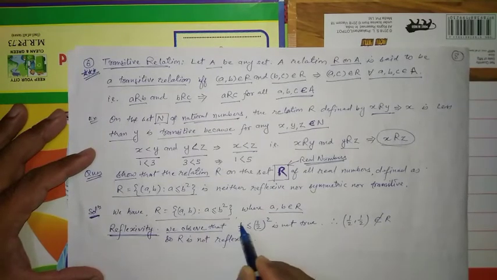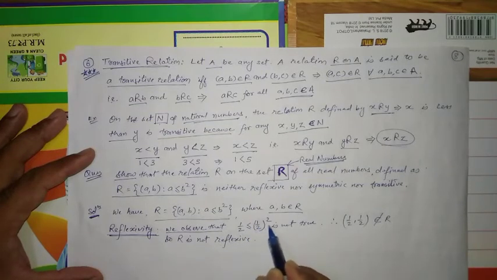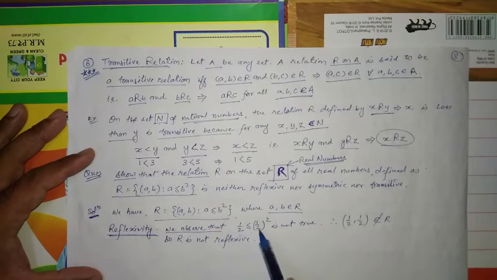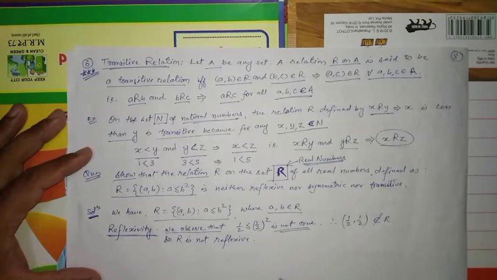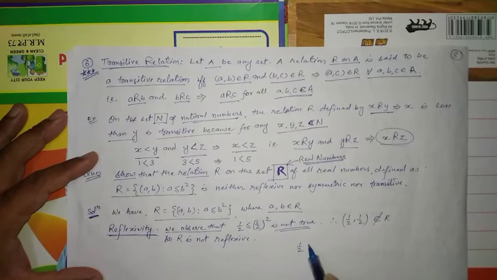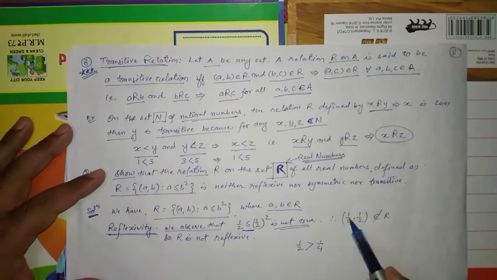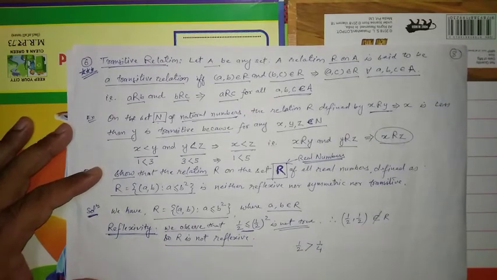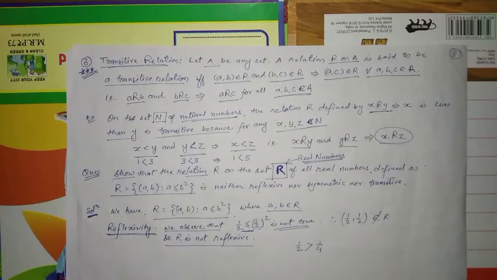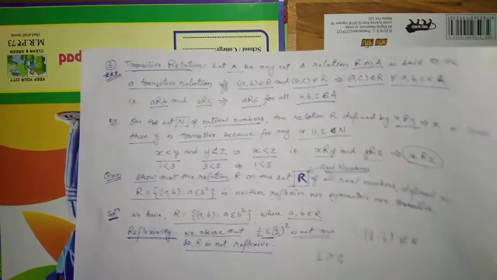We observe that 1/2 ≤ (1/2)² is not true, because 1/2 is greater than 1/4, but the inequality says the opposite. Therefore (1/2, 1/2) does not belong to R. So R is not reflexive. It is not reflecting itself.